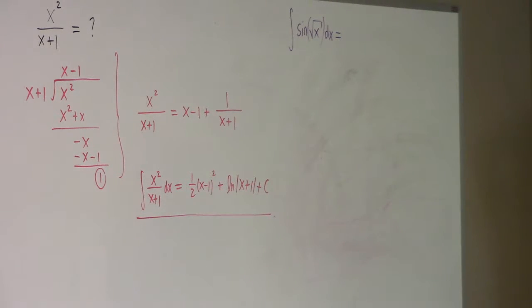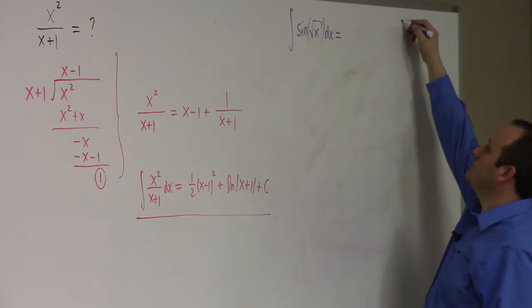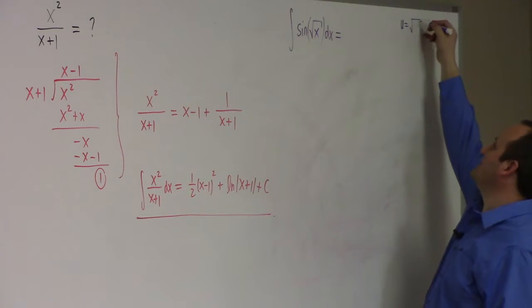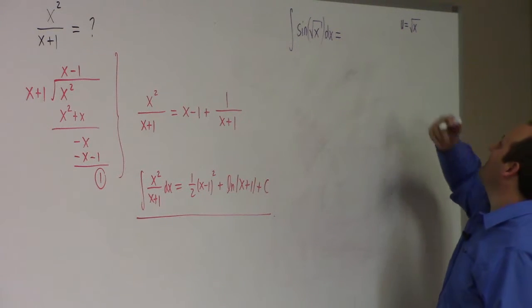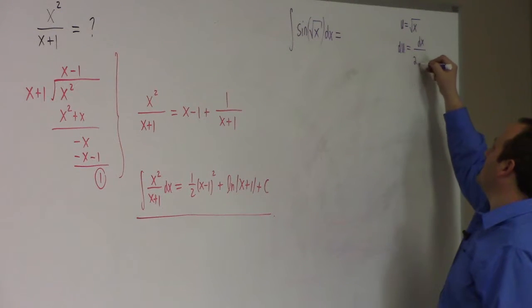Let u equal the square root of x. So that makes, this is kind of funny, du is dx over twice square root of x, right?